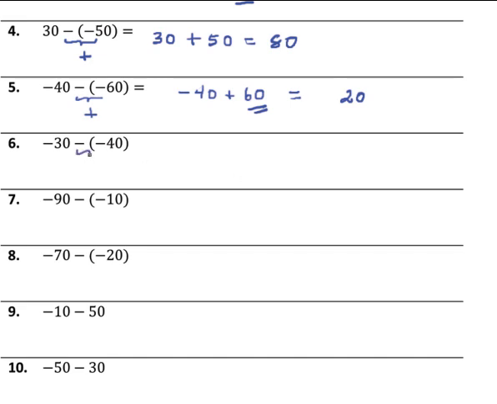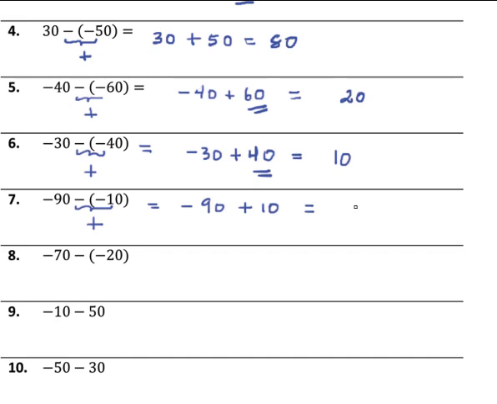Now here again, we're in the situation where we're subtracting a negative, so I'm going to rewrite this as negative 30 plus 40. Positive and negative, subtract, sign of bigger, subtract we get 10, and that would be a positive 10 because 40 is the larger number. All right, here we go again, subtracting a negative, so that would be minus 90 plus 10.